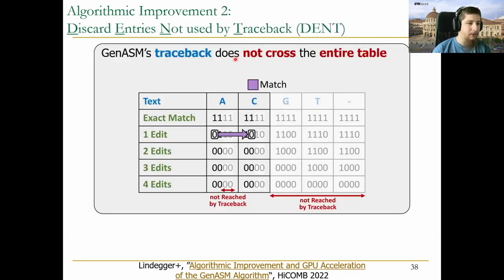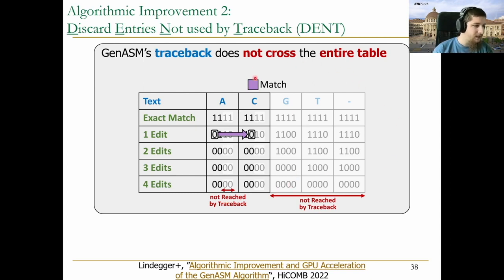Now for our second improvement, we observed that certain areas in the DP table are actually never reached by the traceback step. So this is related to one of the performance improvements in the GenASM algorithm, the windowing heuristic. I will refer to the original GenASM paper on how that exactly works.